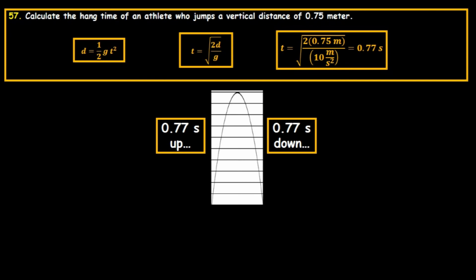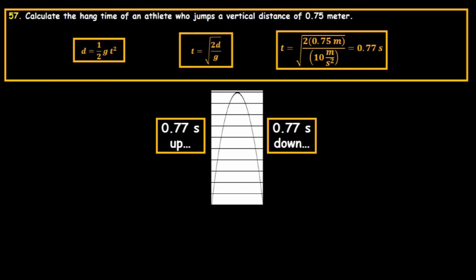So you can see here what is going to be the hang time. 0.77 seconds is not the hang time. That's just how long it takes to go up. Now, if you thought of it this way, if he falls from 0 and he falls for 0.77 seconds, he's going to fall according to gravity. And according to the equation, d equals 1/2 gt squared, he's going to be falling that distance.